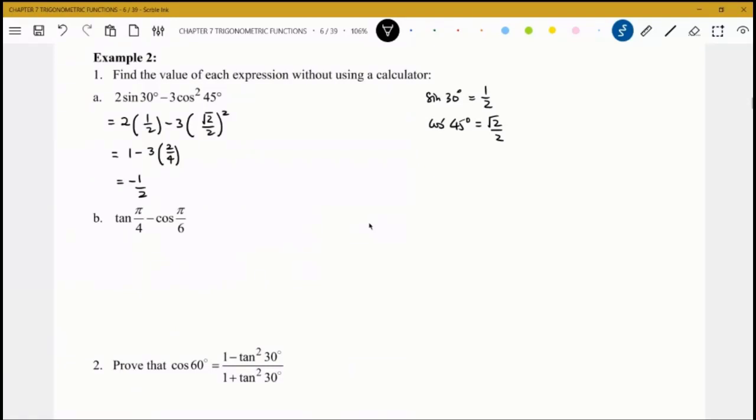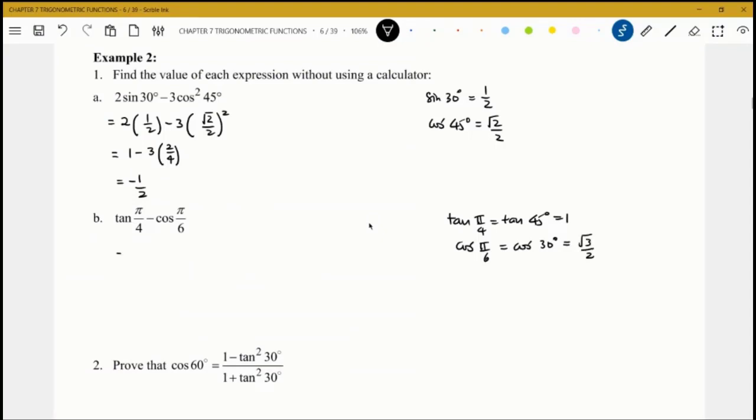Part B, tangent pi over 4, the same thing as tangent 45, is equal to 1. Cos pi over 6, the same thing as cos 30, which we have the value square root 3 over 2.